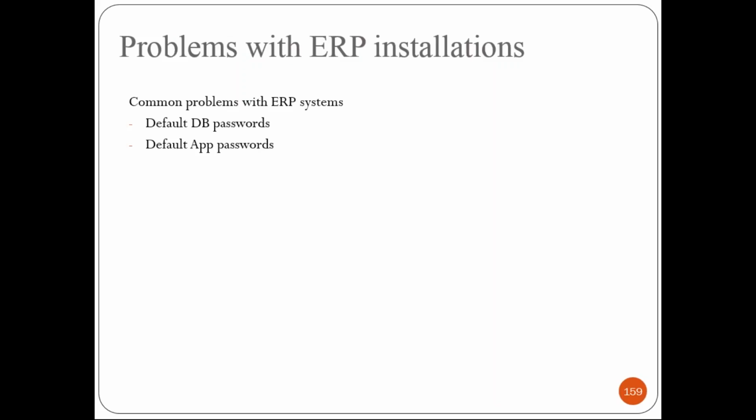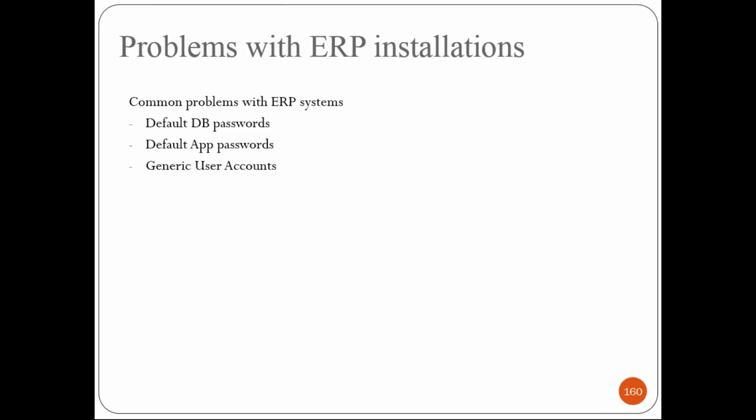Same thing for default application passwords. These are the applications that you load that feed SAP or Oracle, whatever it is you're running. That's not the database, but that is an application password. It could be Excel, it could be whatever it is you're running. These applications have default application passwords, and people are very lazy about changing them. Any kind of generic user account is a big no-no.